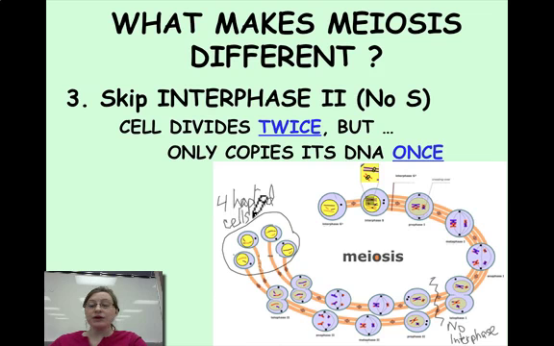If we did allow interphase to occur, what would be the issue? Well, we would never be able to cut our chromosome number in half because we'd constantly be doubling and dividing, and doubling and dividing, and doubling and dividing. Each time we double and then divide, that would cancel out any chromosome number change.